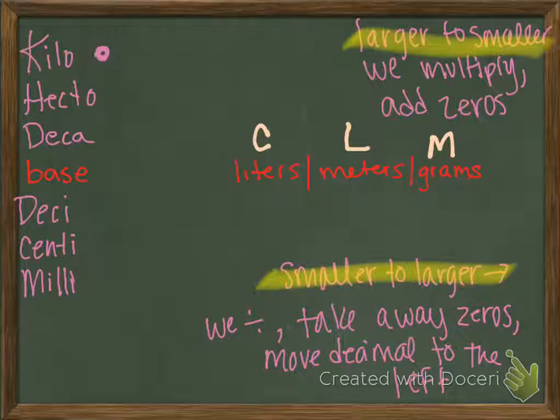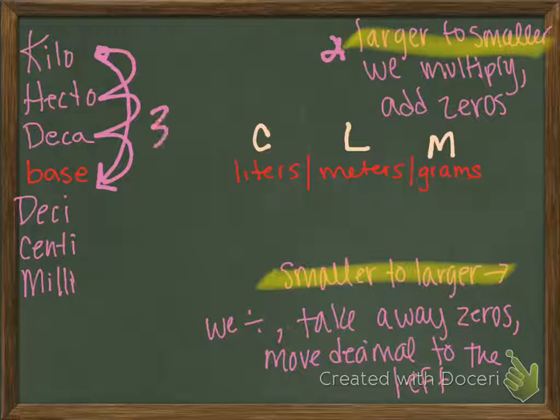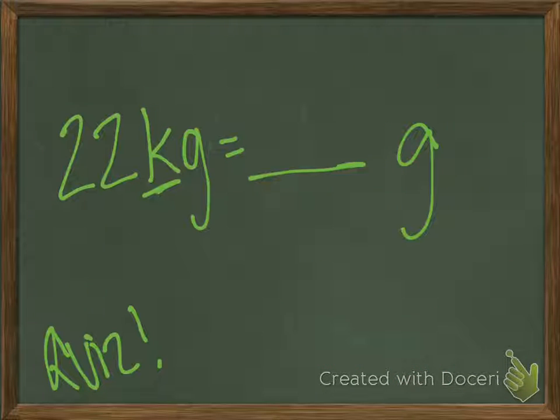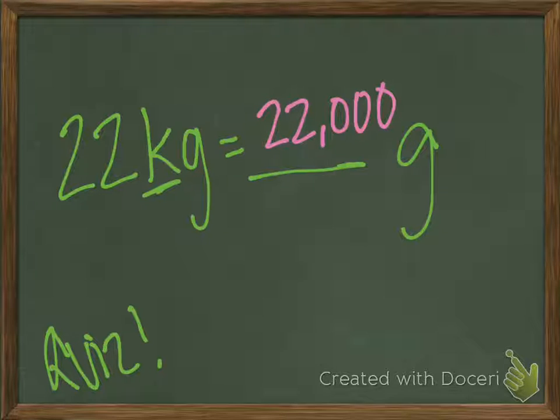So we were going from kilograms down to grams. We were going from larger to smaller. So we multiply and we add zeros. We jumped how many spots? We jumped 1, 2, 3 spots. So we have to add 3 zeros. So your answer should have been 22,000 grams equals 22 kilograms.